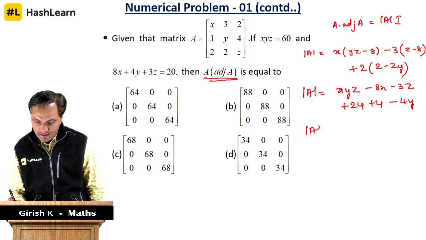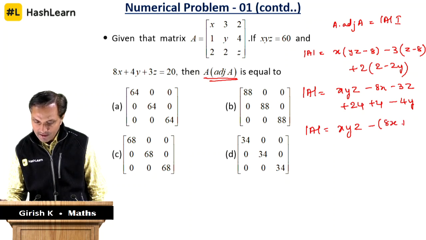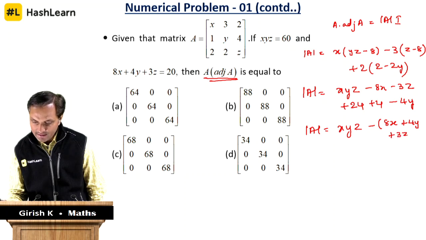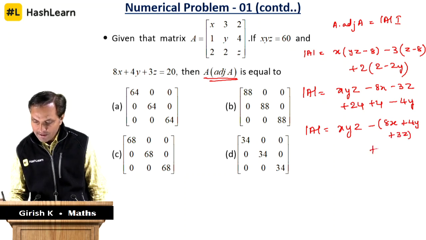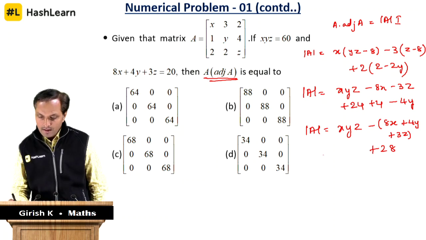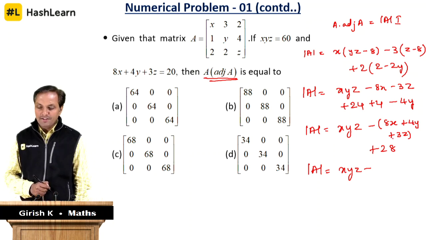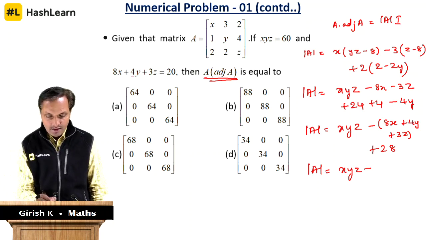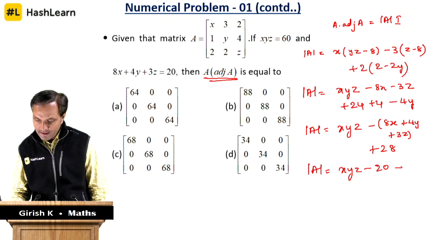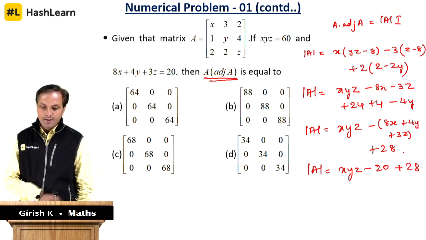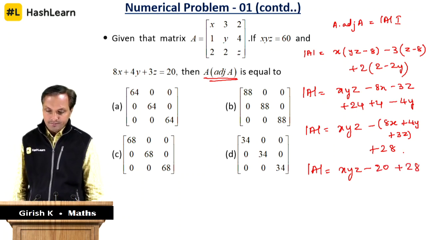That will give you determinant of A is equal to xyz minus, if you take outside, (8x plus 4y plus 3z), and that will give you plus 28 again. So determinant of A is xyz minus (8x plus 4y plus 3z), which is nothing but, here, 20 and plus 28. So what will that give you?